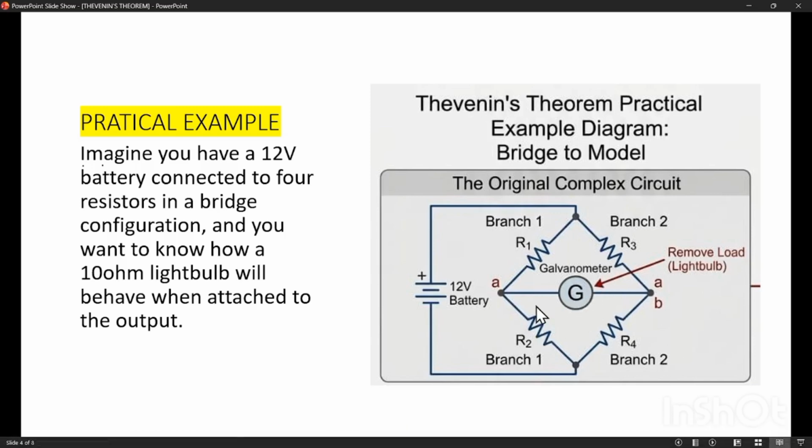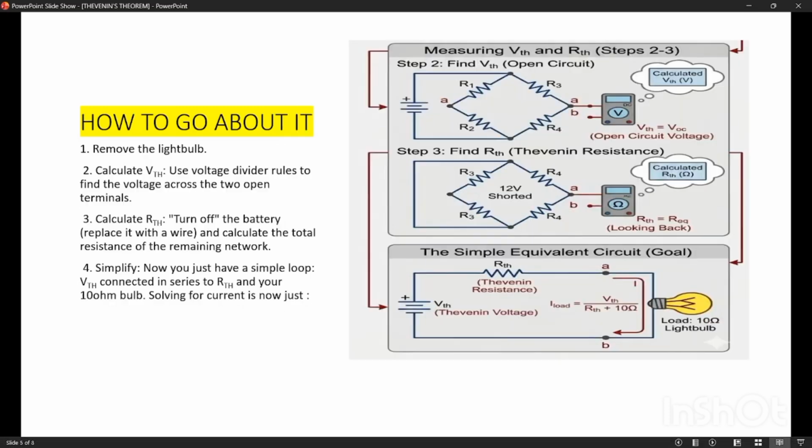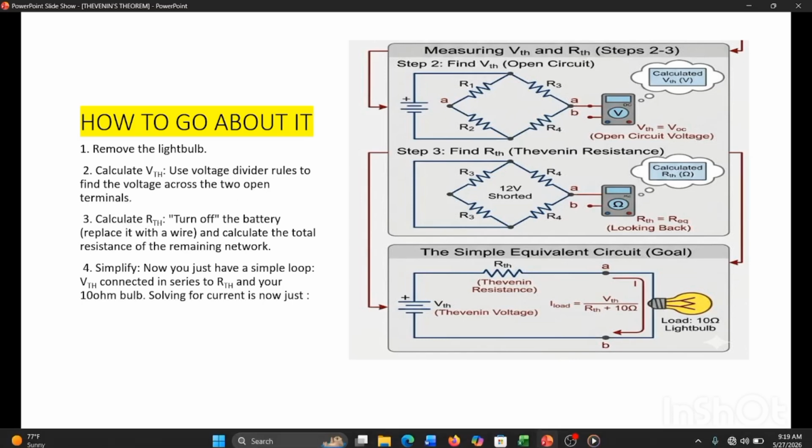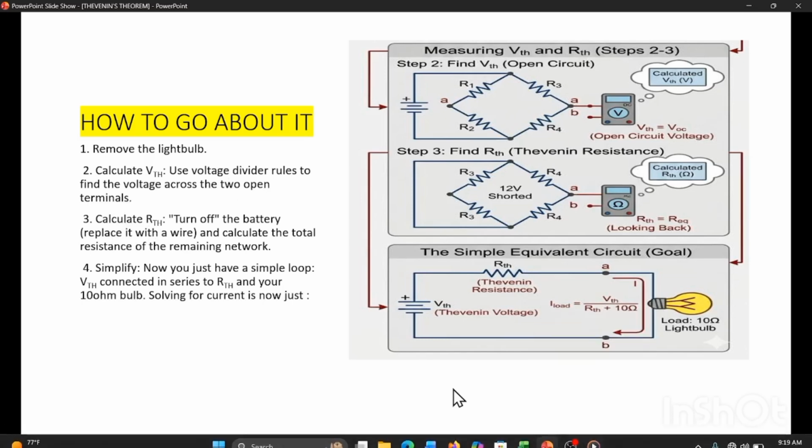So how do we solve this kind of issue? In solving this kind of issue, you have to remove the bulb, removing the load. So after removing the load, then we calculate for the voltage across the two open terminals using the voltage divider rule. And how do we do that?